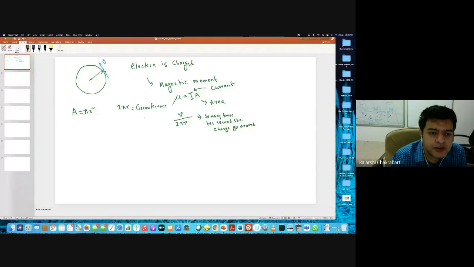It is a frequency. So then what will be the value of I? You remember I is going to be charge going per unit time. So I have to multiply this frequency with the charge of the electron. Is this fine? This is the current. This is the charge of the electron, e.